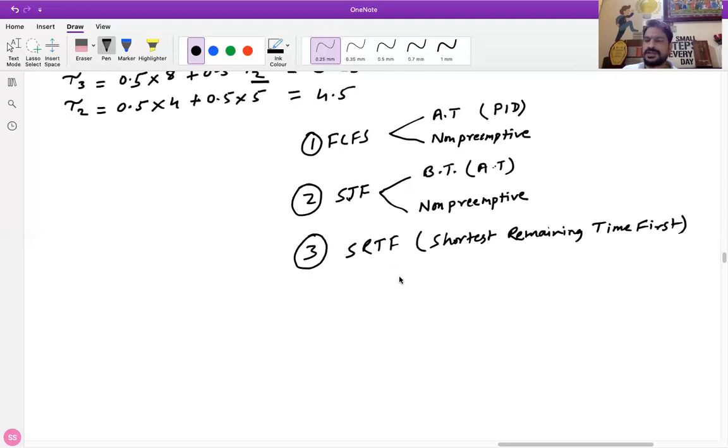This shortest remaining time first again has the criteria of burst time, which is the same as shortest job first, but it comes into the category of preemptive scheduling.